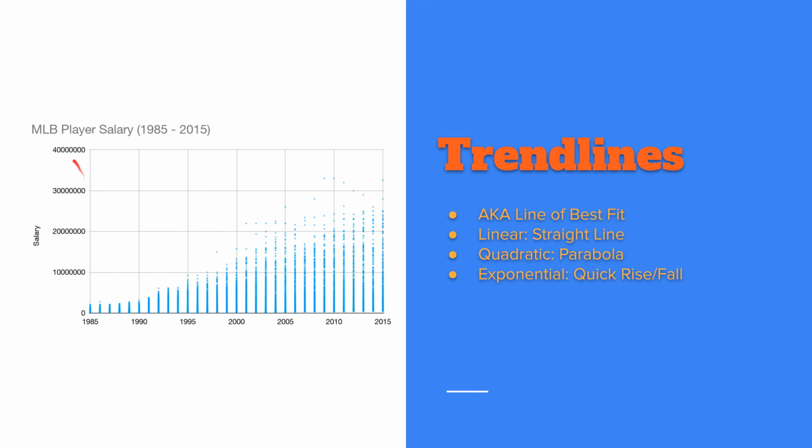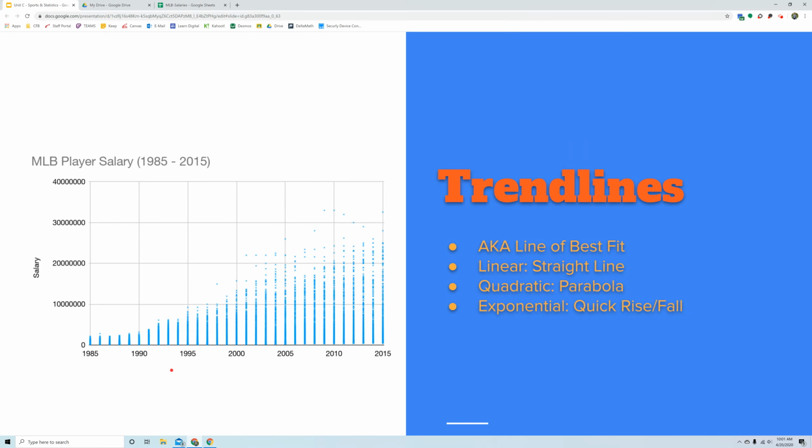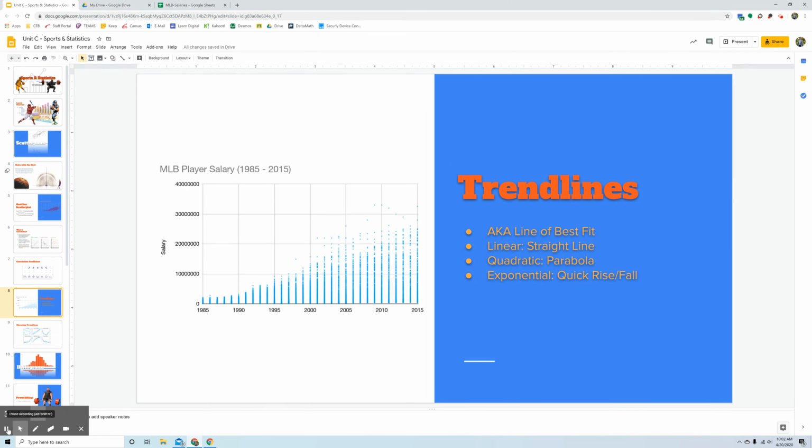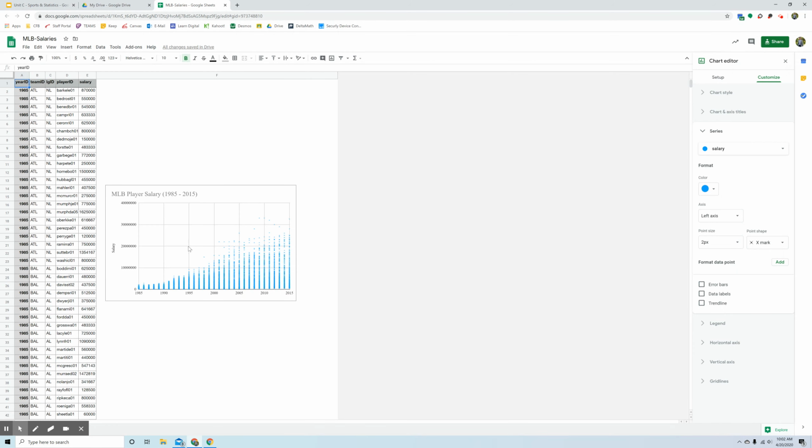So then we're going to look at trend lines. Okay, so I have here MLB data and salary. I took the last 30 years, 1985 to 2015, and I plotted every single one of the MLB players' salaries here. And we're going to look at the three different types of trend lines and go over that real quick. All right, so if we look here, I have the same data set.